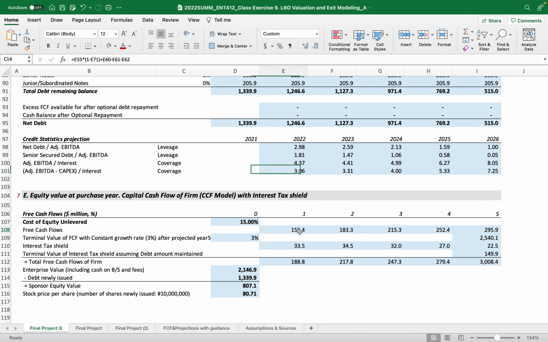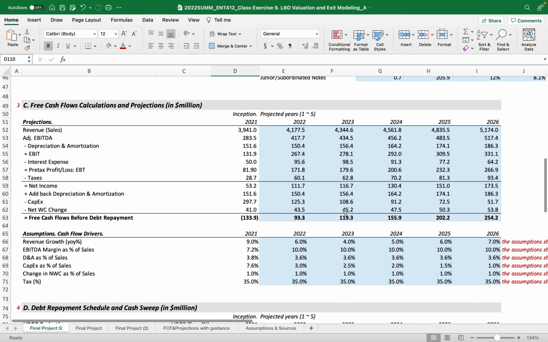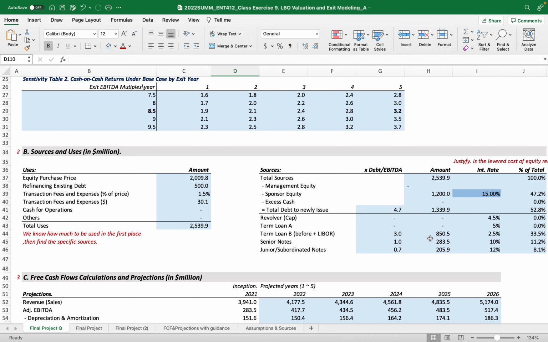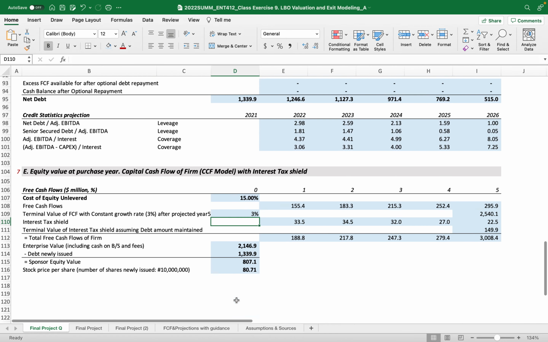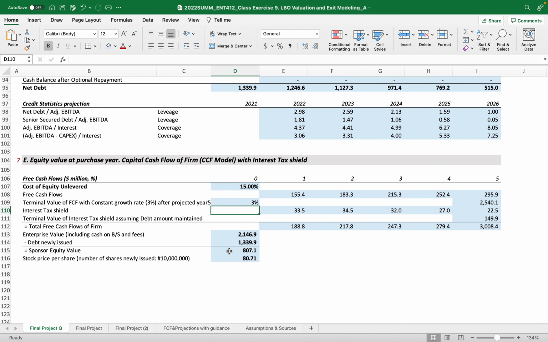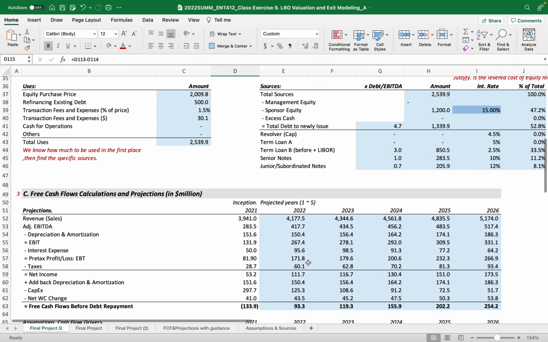So we have all the free cash flows projected. We cannot change them. Maybe we can change this, like 4% or 3%, whatever. But let's assume that the only variable we can change is the cost of equity, right? So how do we match this to the 1200 sponsor equity value?